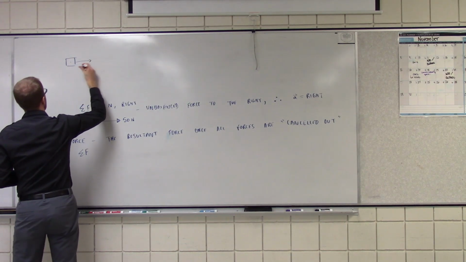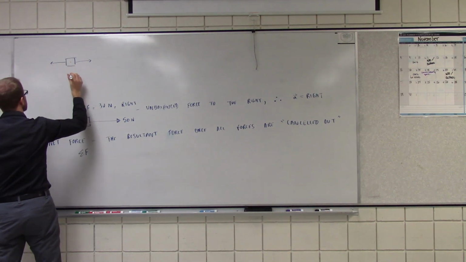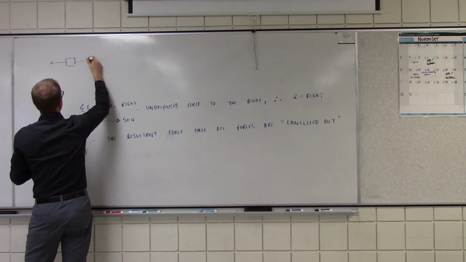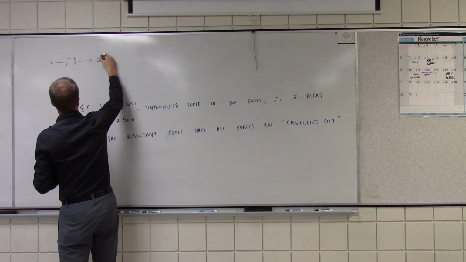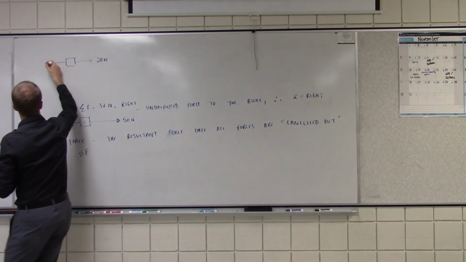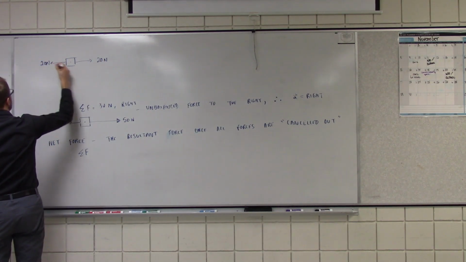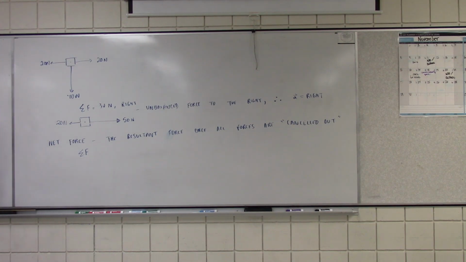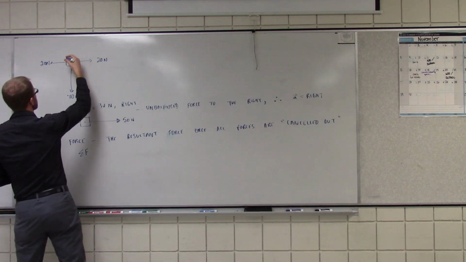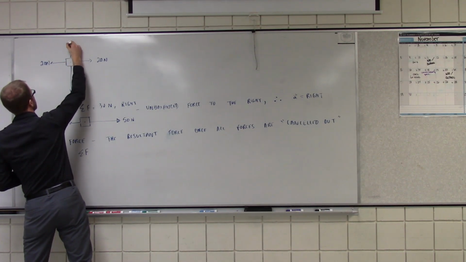So we had a force like that, and a force like that. We're going to say that each of these forces is, say, 20. But then we had a force like this of, say, 40. You know what, let's make this a little more interesting. Let's make that 10.